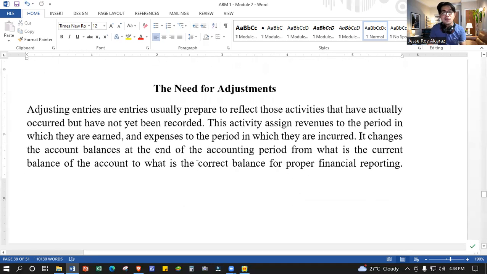Okay, what about the need for adjustment? Why do we need adjustments? Why is there a need to study and learn adjusting entries? Simple. Because there are a lot of times wherein the actual numbers do not match the numbers in our records. Take for example, we bought vegetables worth 1,000 pesos on October 27.